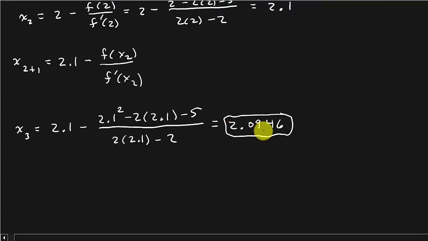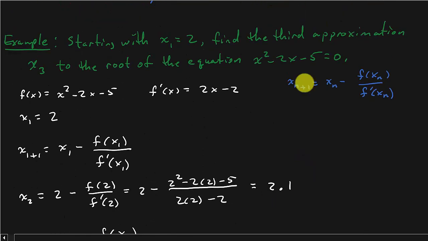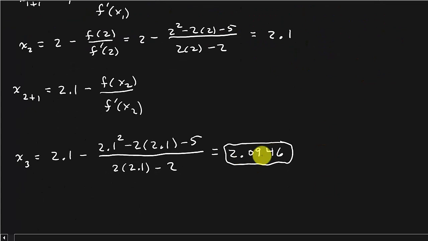Now, how accurate is it? Well, if you want to test the accuracy of it, you could solve this using the quadratic formula, take the solution that's closest to this one, and see how close it is.